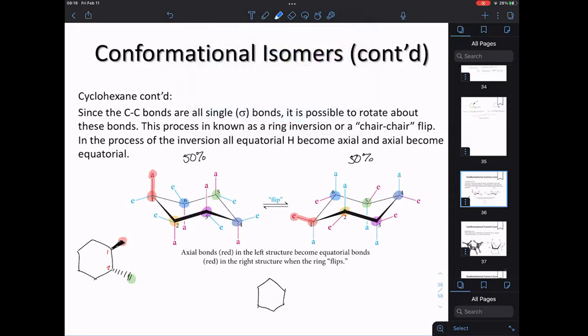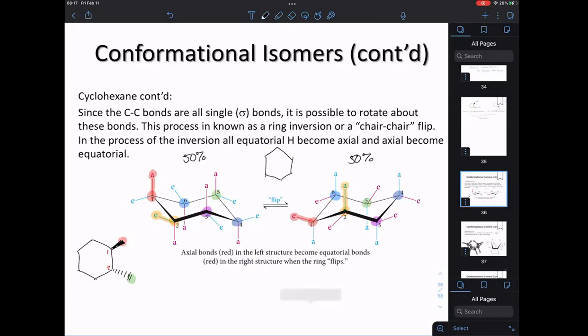Likewise, if we look at carbon 2, we can pick one of those two bonds. Let's look at its equatorial bond in blue here. When carbon 2 flips, all of a sudden that bond becomes axial. Okay, so when this flip occurs, so again, cyclohexane is 50-50 here.